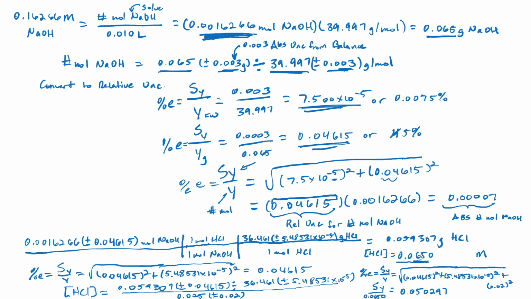And then we solve for SY, and turns out that SY, or the absolute uncertainty, is equal to 0.003. Well, that's good, because the first digit after the decimal point that is not a 0 is the 3, so we'll end it at the 3, and then we'll put it up here into parentheses as plus or minus 0.003, right?